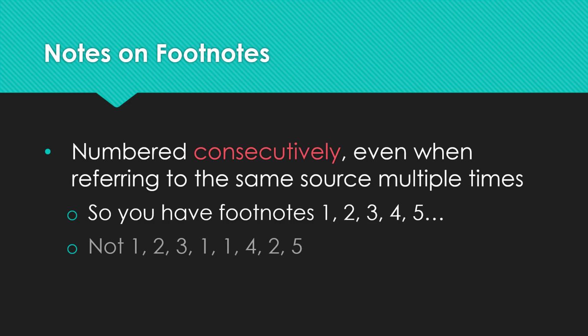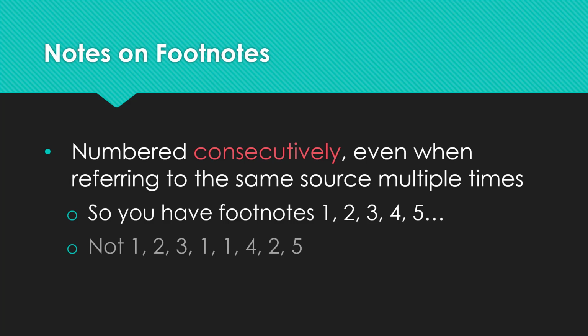So the footnotes are numbered consecutively, even when referring to the same source multiple times. If you use, say, Smith's article several times, you may have a footnote for that same source, but each time you use it, the footnote will be numbered 1, and then the second time 2, third time 3, and so forth.